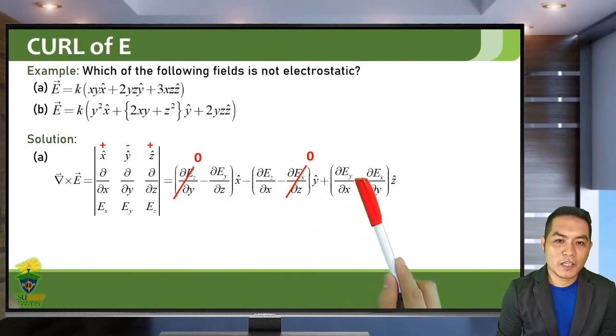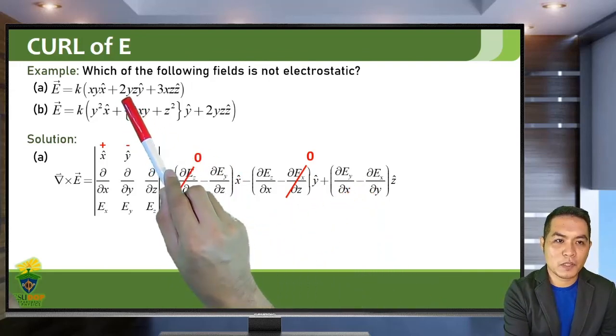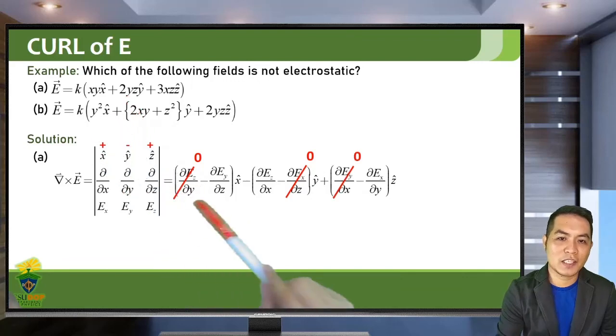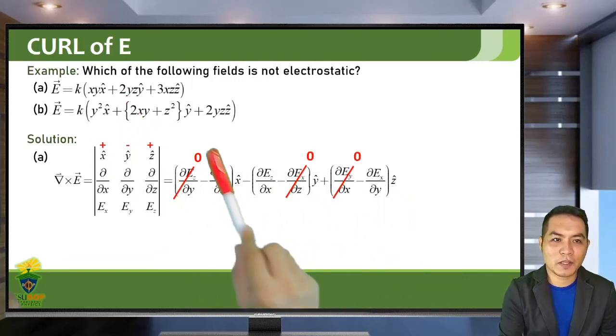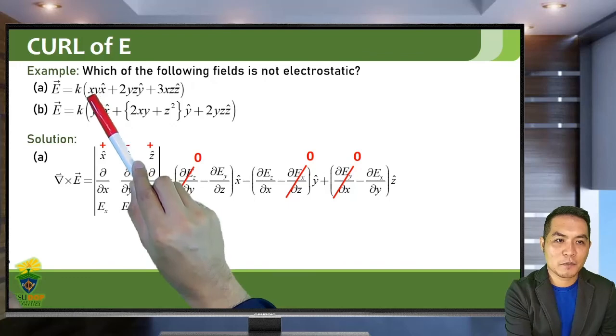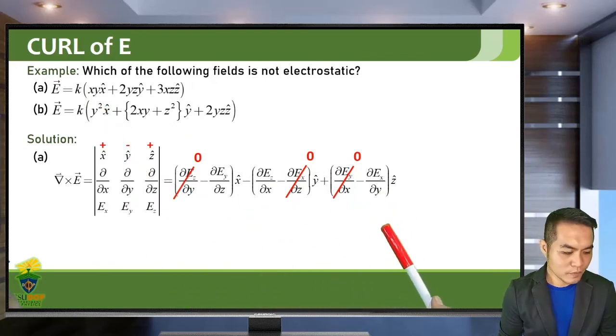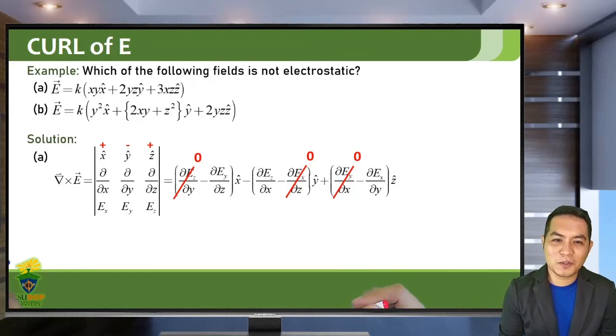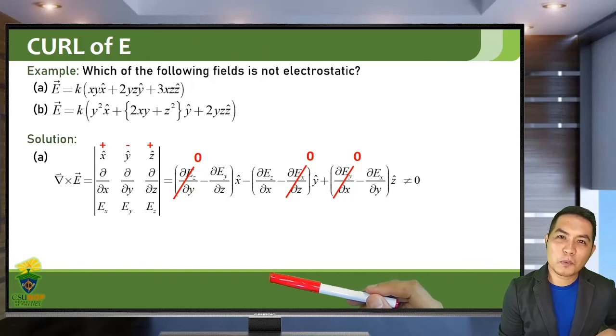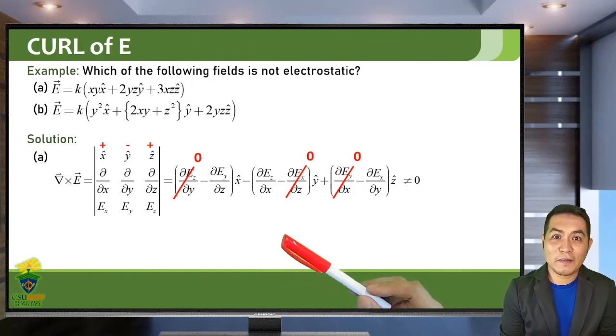And then partial of EY with respect to x. There's no x here, so that is 0. But partial of EX with respect to y: the x component has a y term here, so this is non-zero. We actually don't need to evaluate all of the differentials here. All we need to do is verify whether it's equal to 0 or not.